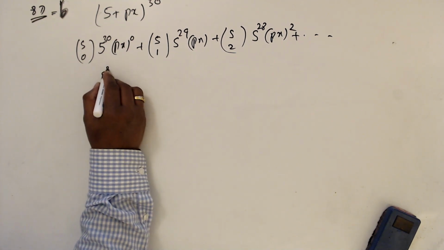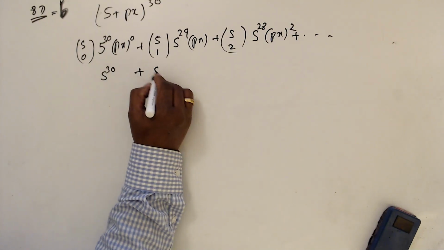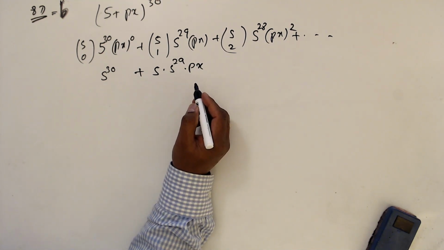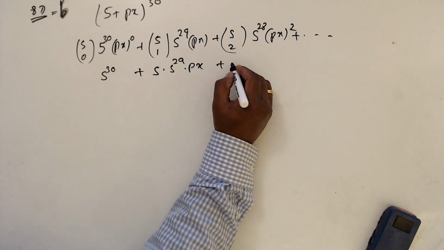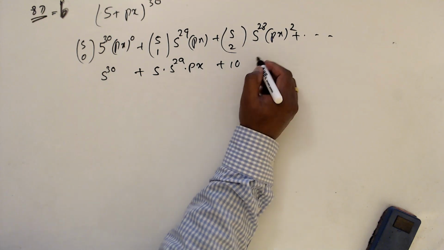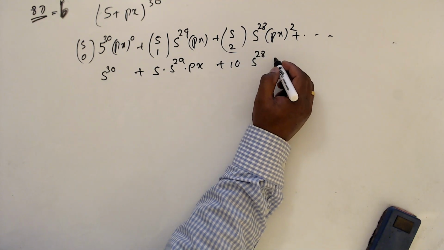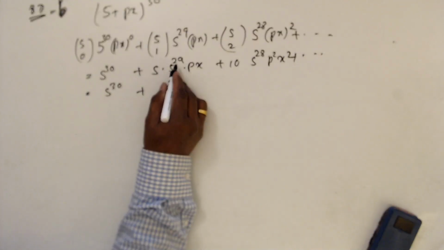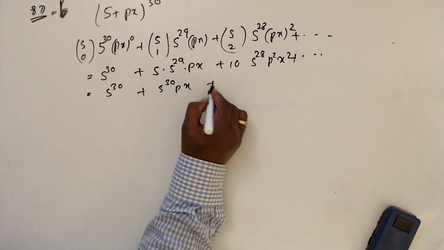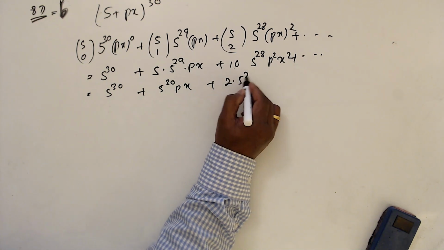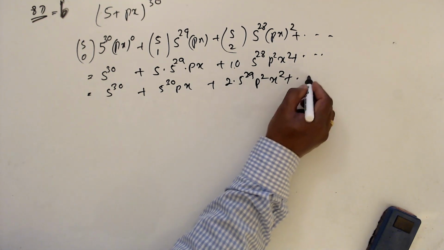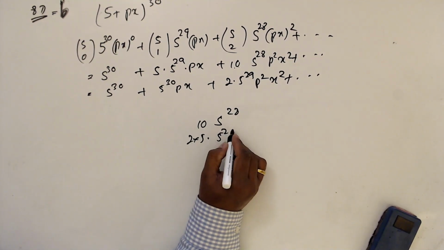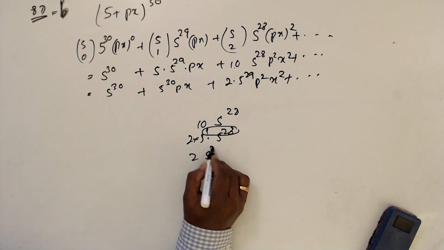This is equal to 1 to the power 30, plus 30 times 1 to the power 29 px, and then 10 times 1 to the power 28 p square x square, plus dot dot dot.